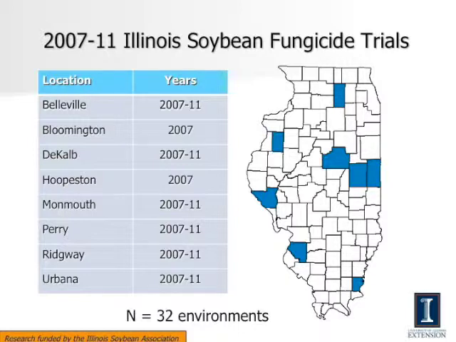And then similar to what I had shown you with corn, we have a number of locations in which we evaluated fungicides on soybean from 2007 to 2011. And if you look at the number of years and the different locations in total, we had 32 environments.